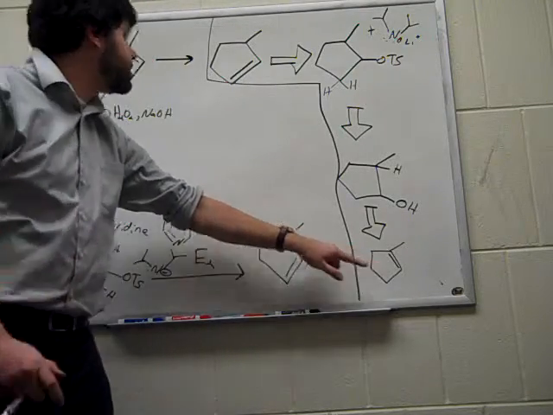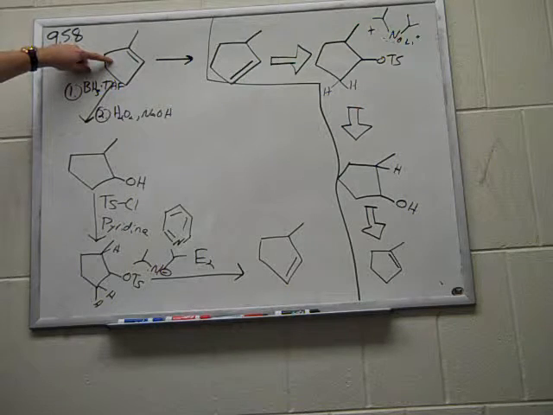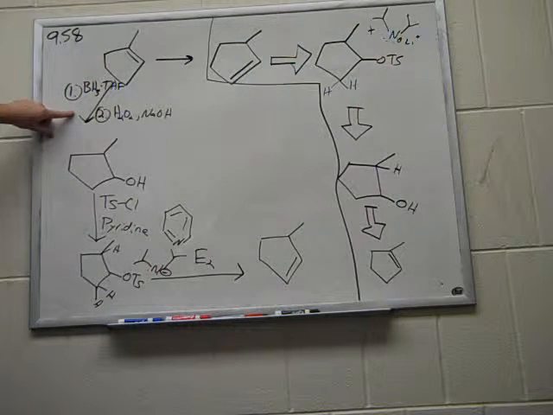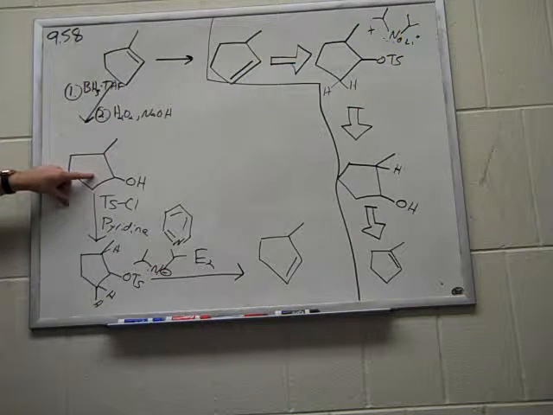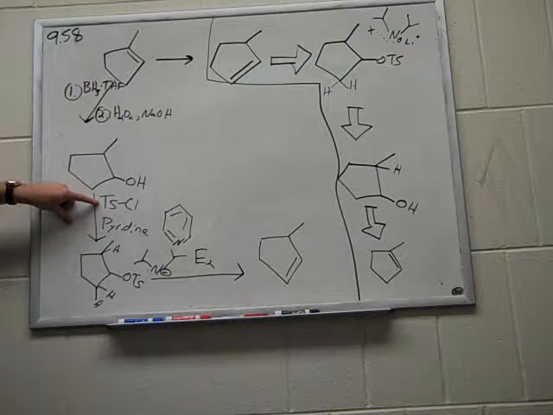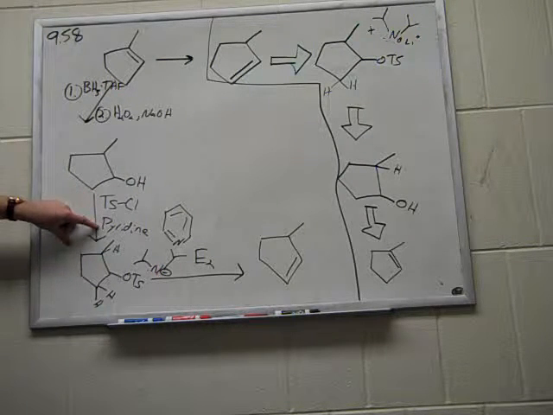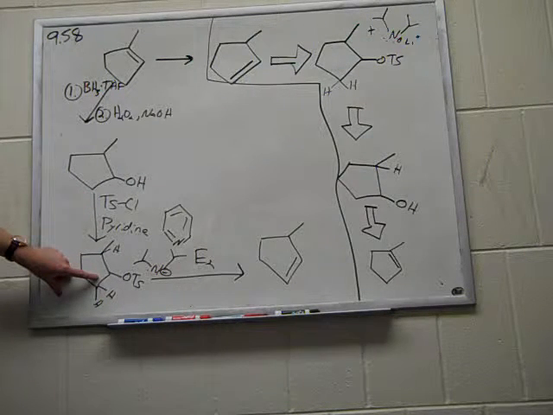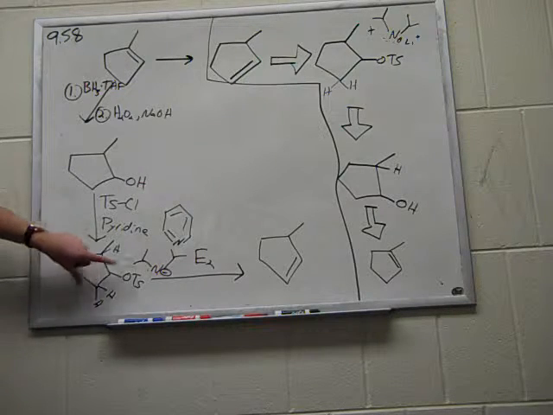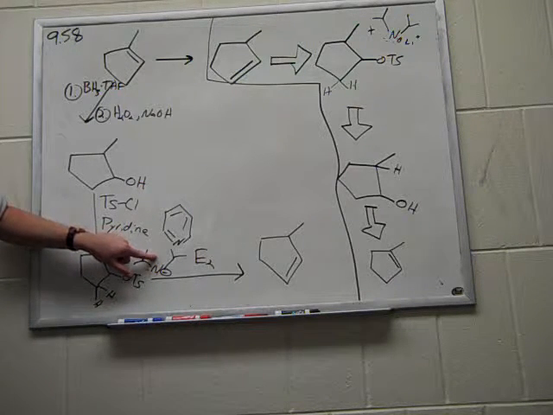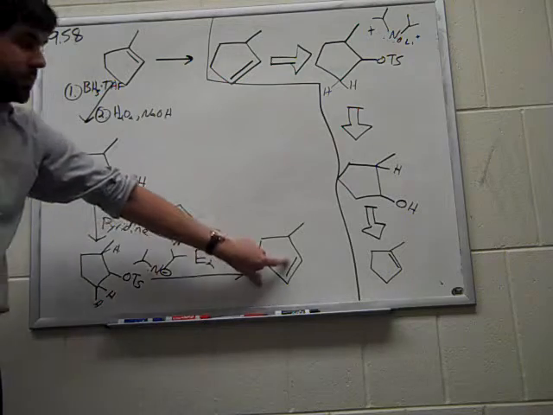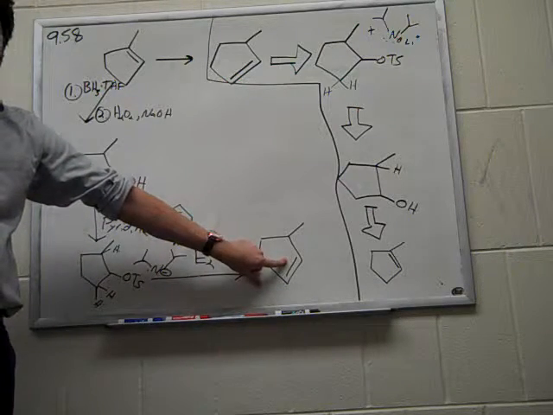So in the forward direction, we take our alkene, we do a hydroboration-oxidation to form our alcohol. We then form the tosylate ester, making a good leaving group out of a poor leaving group by treating this alcohol with tosyl chloride and pyridine. We create the tosylate, which we're able to eliminate with LDA or an appropriate other very bulky base to yield the Hofmann elimination product shown here.